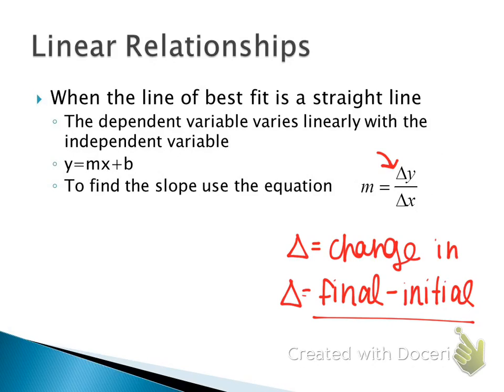We use delta a lot in physics, so you need to be really familiar with it, and I want you to think of it in terms of final minus initial. If we want to find the slope, we take the final y-coordinate minus the initial y-coordinate over the final x-coordinate minus the initial x-coordinate. Final minus initial. You need to be really familiar with what that delta means.